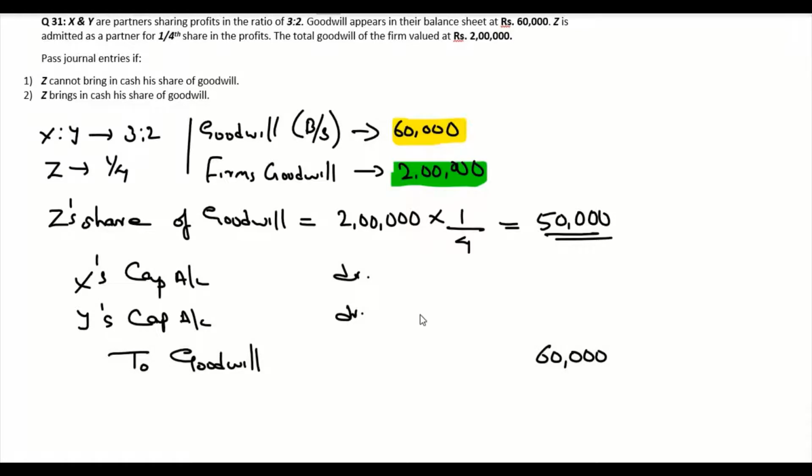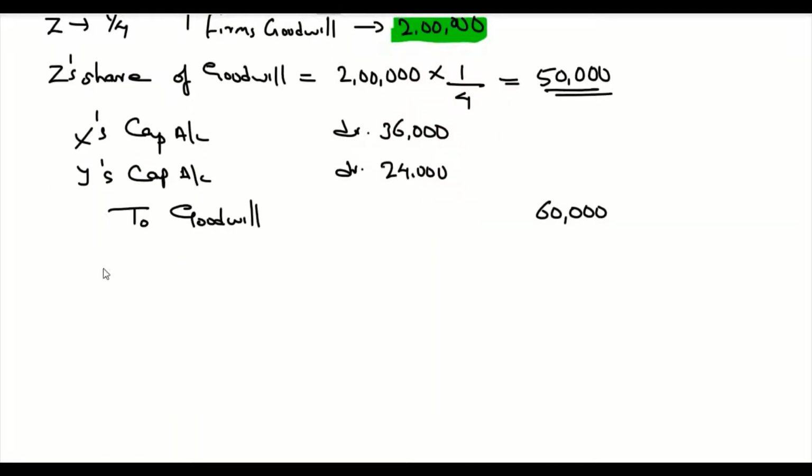Now we have to divide it in the profit sharing ratio between the old partners, which is 3:2. So that is 36,000 and 24,000. Now let's move on to the next journal entry.